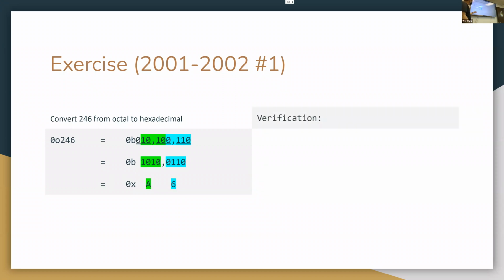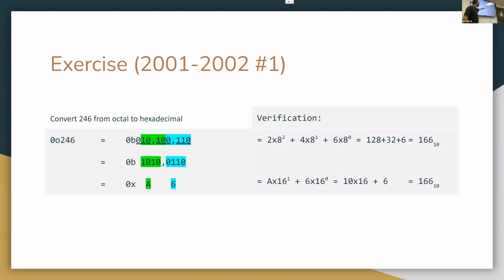So how do we verify these results are correct? If we want to easily understand or verify that these conversions are correct, I would suggest that we convert these numbers into decimal, right?